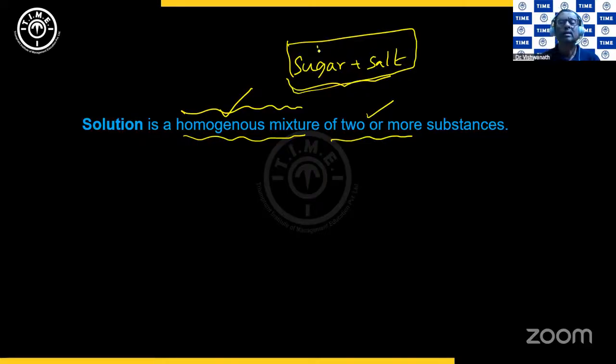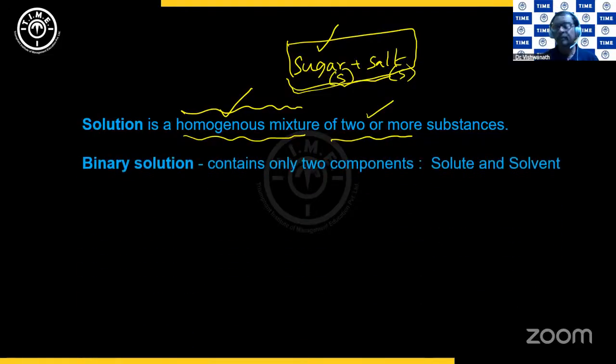So sugar and salt in the solid do not make a homogeneous mixture. So they are heterogeneous. Next, a binary solution is where you have only two components. The one which is in greater quantity is called the solvent, and the one which is in lesser quantity is the solute.